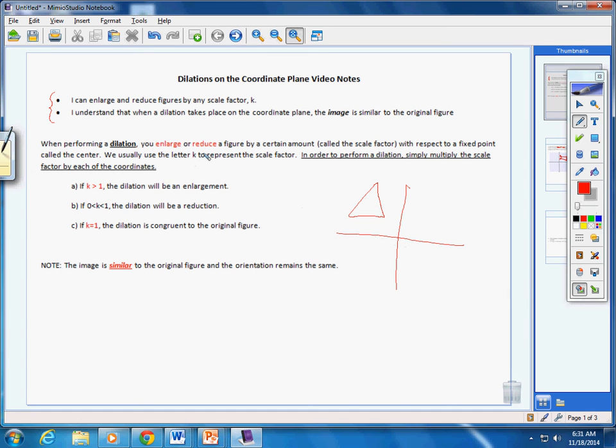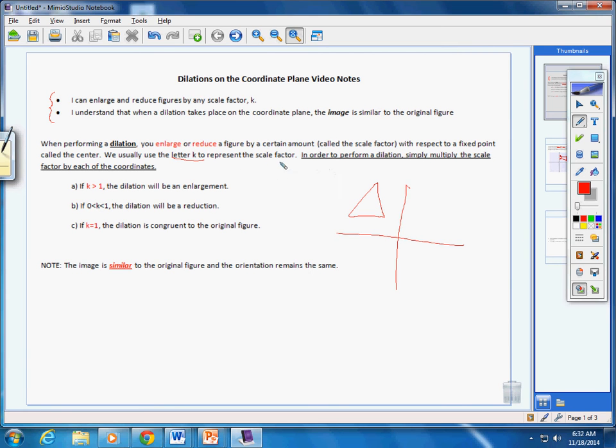We usually use the letter k to represent the scale factor. So if our scale factor k is 2, or if our scale factor k is 1/2, we should always know that k represents that scale factor. That's how much we're enlarging it by or shrinking it by.